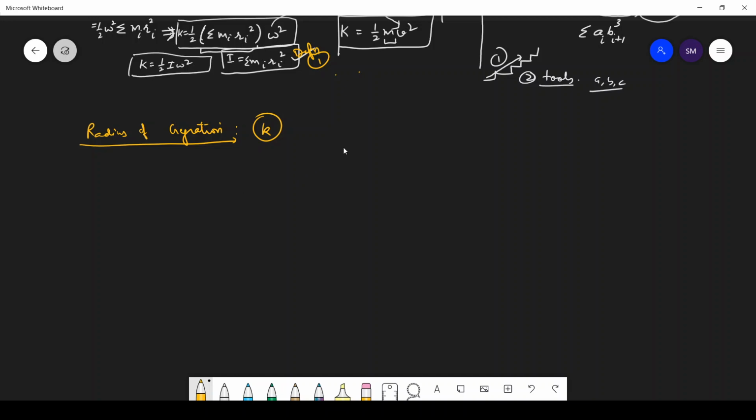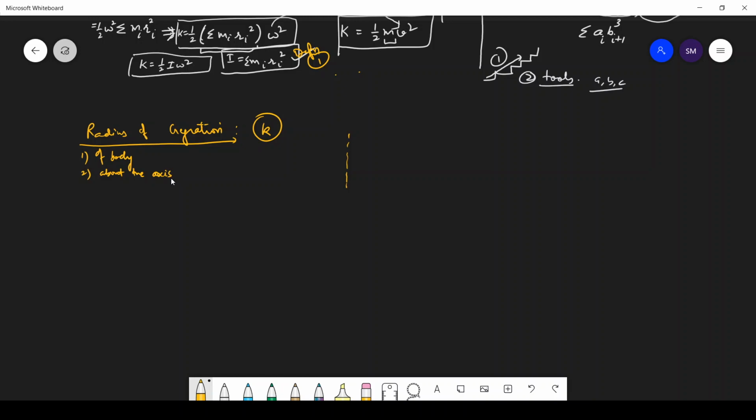See what it is telling you. This is your axis of rotation. So radius of gyration, of course, is of a body, first thing. And second thing, it is about the axis of rotation. So these things you need to add on.